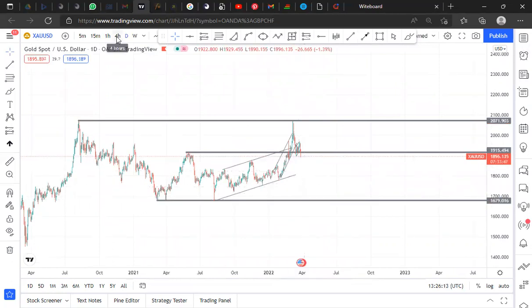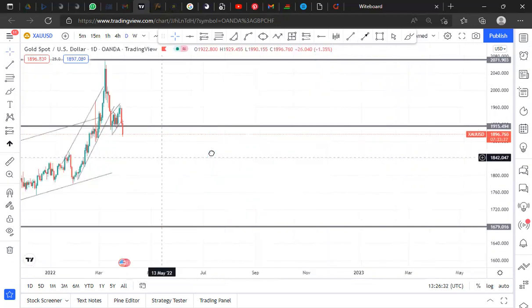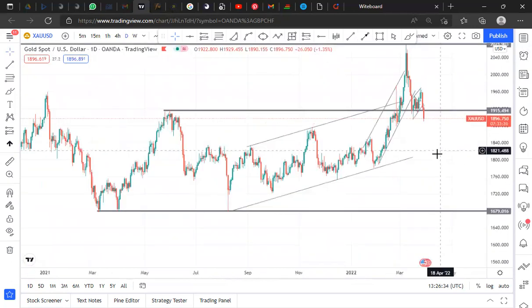I'm bearish on gold for the moment. I marked up this level because it was an area of value. I was thinking, if price comes back here, one of two things is going to happen: either we get a break above and a possible correction for buys, or we sell off whenever price gets here.